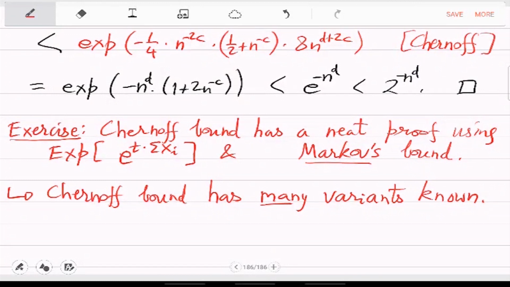They start taking other values. So it is generally a very fundamental, important, useful bound in probability theory. So that shows BPP can be defined for any constant away from half.